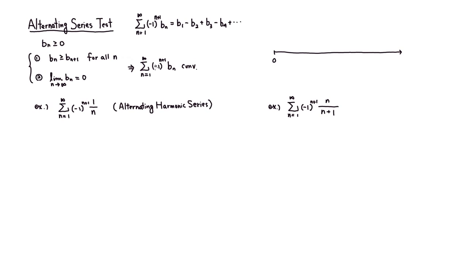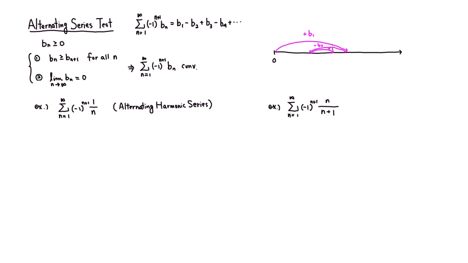So this is the idea behind it visually. Let's say b1 is a positive term. You're adding b1, so you step forward. Then after that, you step backward because you're going to subtract b2. Then the next one, you add b3, so you step forward.